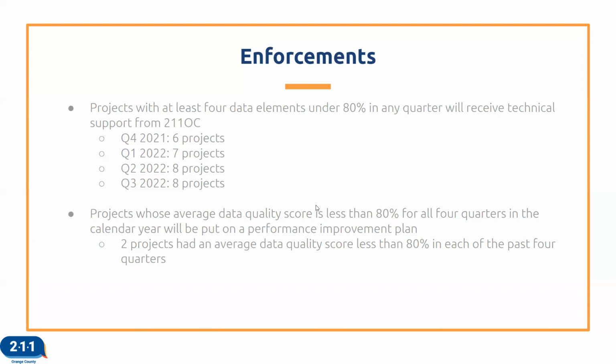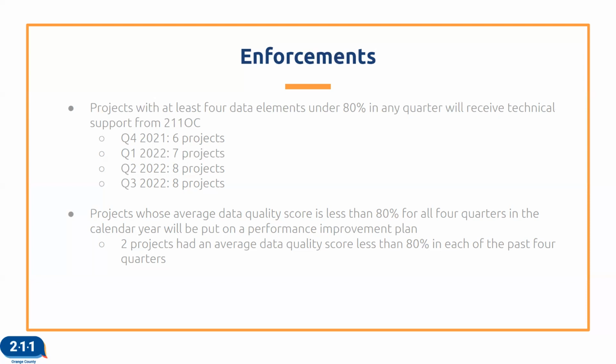The second enforcement would be for those projects whose data quality score is less than 80% for all 4 quarters in the calendar year. Those projects will be put on a performance improvement plan. In that case, it's really unlikely for that to happen for projects.